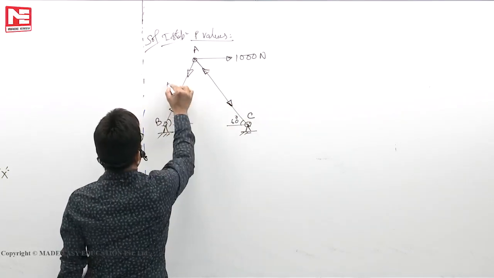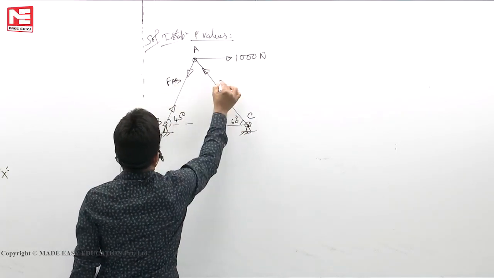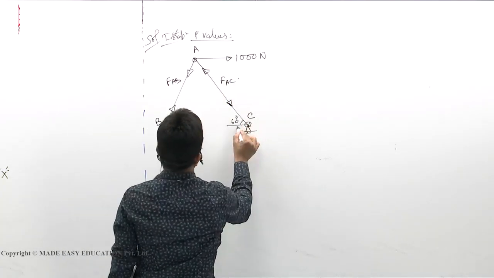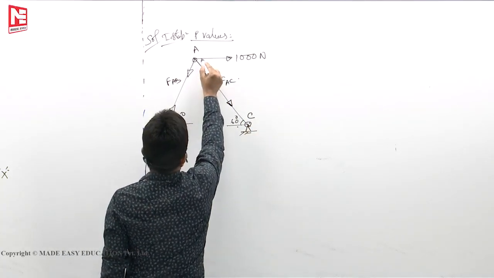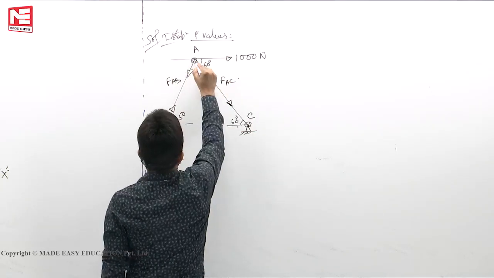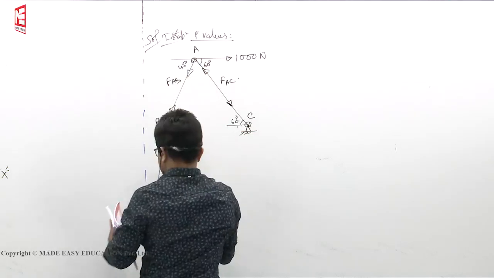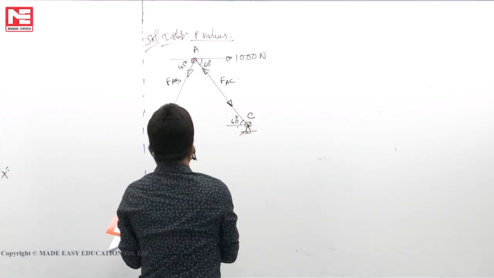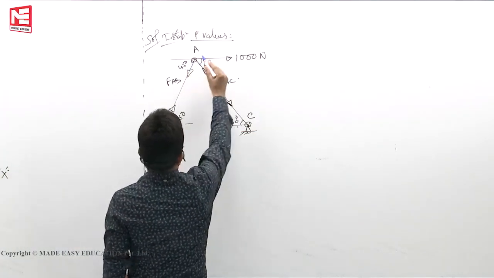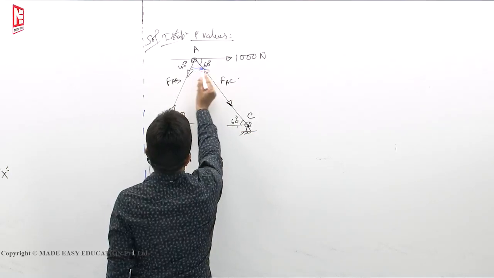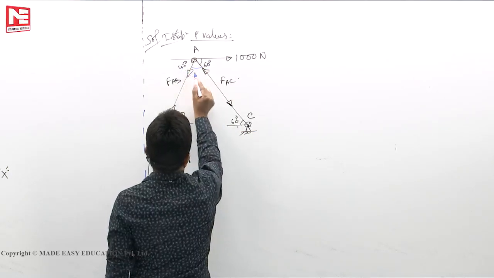Okay. This is force FAB you can take. FAC we can take. We can use the sine rule. 60 degrees here means this angle is 60 degrees. 45, so this is 45. This is the member, so we will use the sine rule. This angle is 60 plus 45, 105.